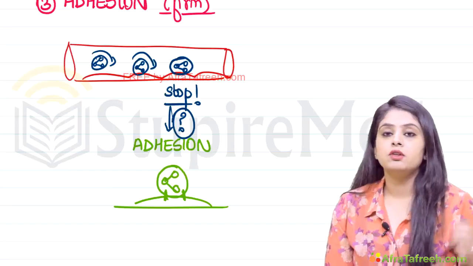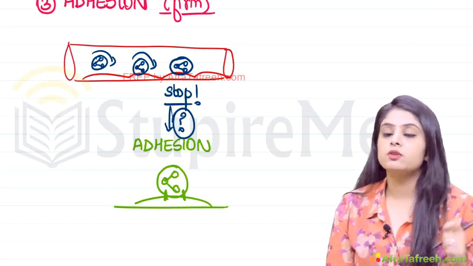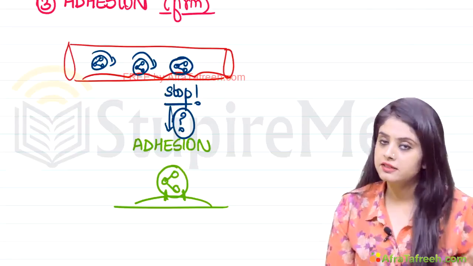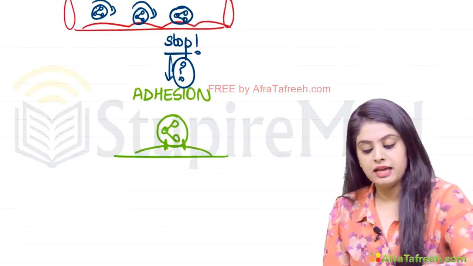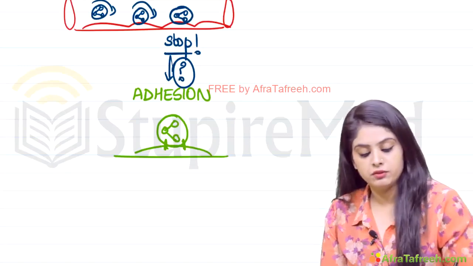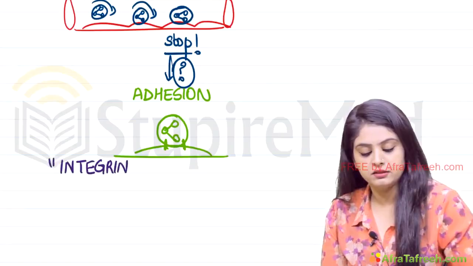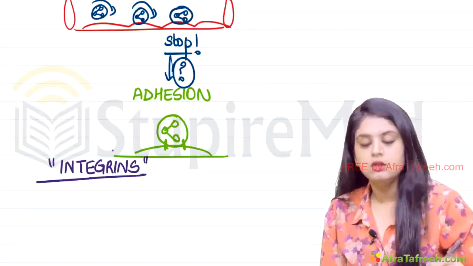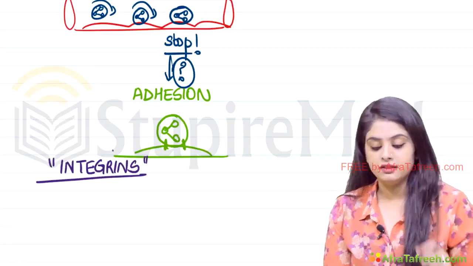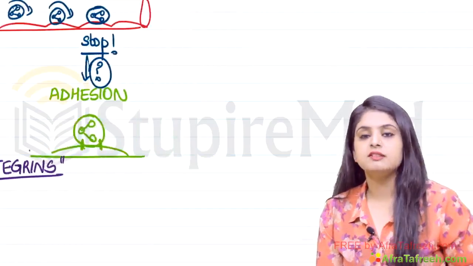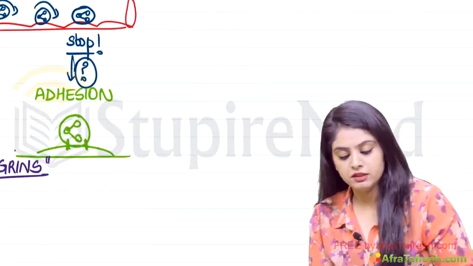Now, if you remember, rolling and weak adhesion was because of which molecules? You are right, that is selectins. This firm adhesion that we have is because of molecules, that is integrins. So, rolling, selectins; adhesion, integrins. Just a very simple mnemonic before we proceed.